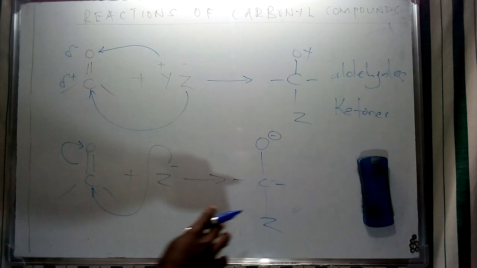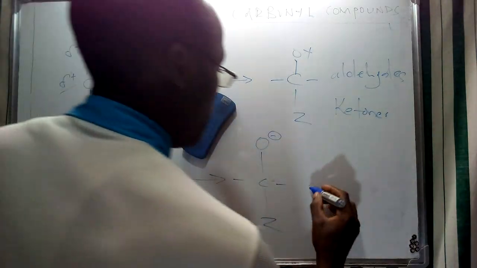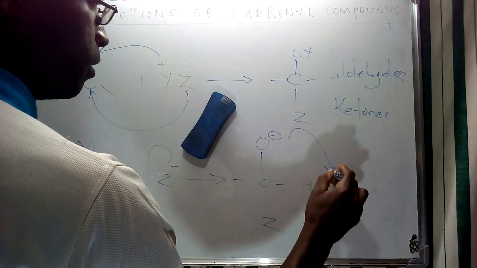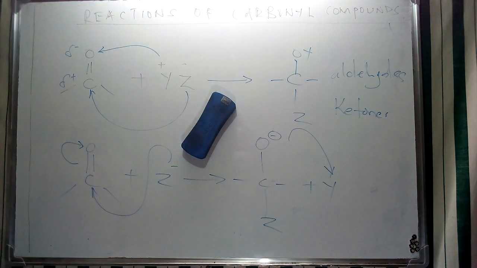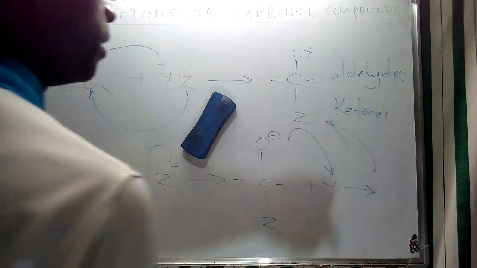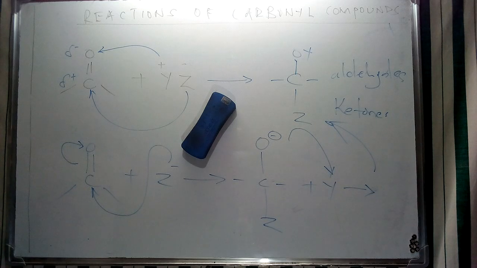So this species again is going to experience an interaction with the Y, which is positively charged, whereby it's going to pick on this specific Y, and that is going to lead to the formation of a final product that we have shown in this specific part to be that particular species. So that basically gives a first set of a nucleophilic addition reaction that is being experienced by carbonyl compounds.